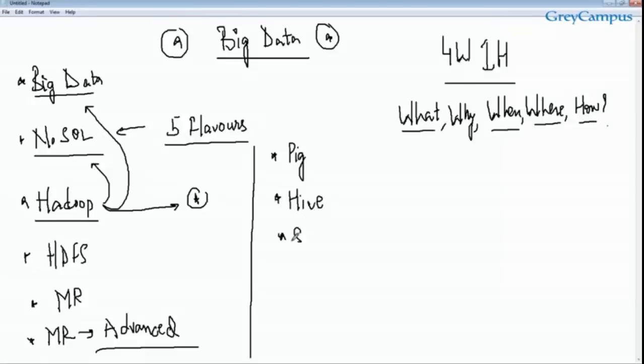Once this is done, we'll move to a tool called Sqoop. After this, we're going to move to a new thing called Flume. After that, we're going to move to something called Impala, HBase.